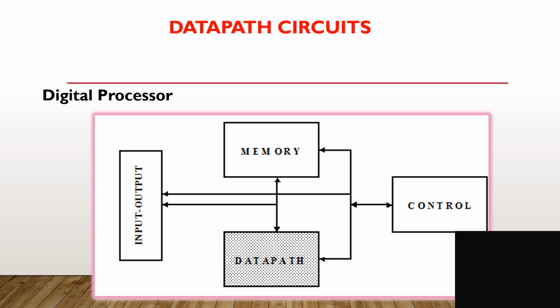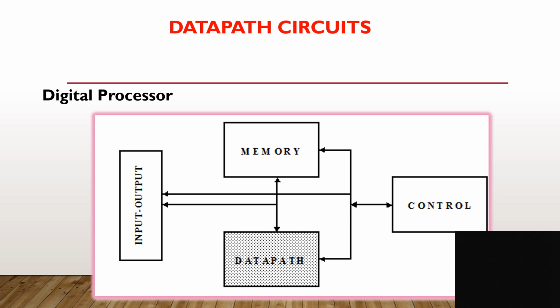After processing, the data will be stored in the memory, and all this is controlled by the control unit. So the data path unit consists of adder, multiplier, shifter, multiplexer, everything.